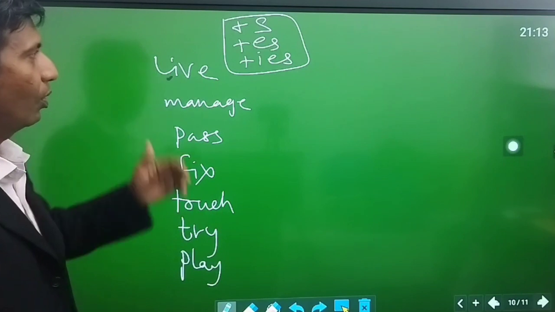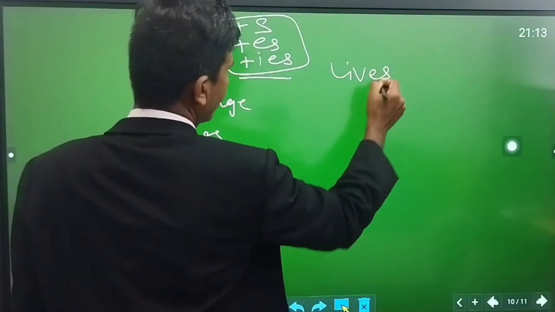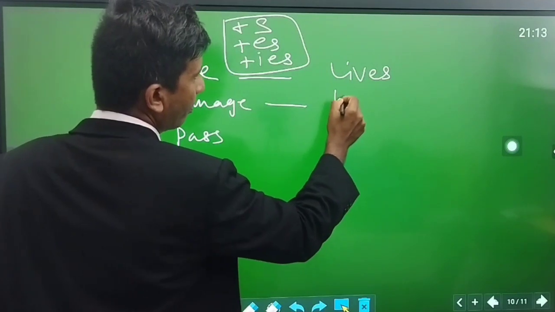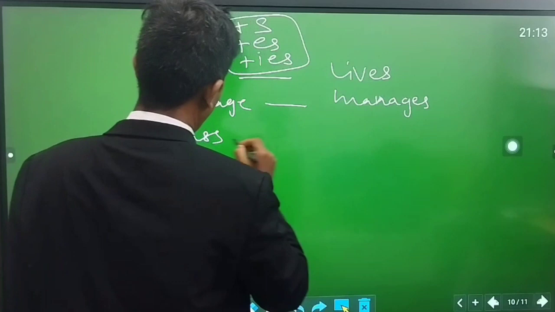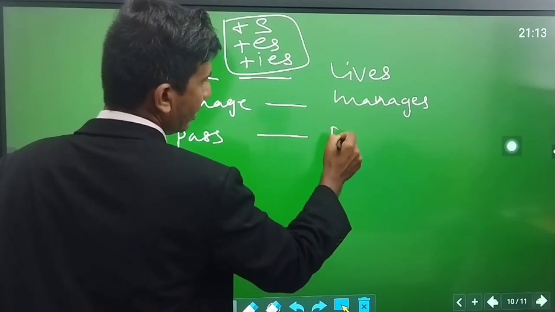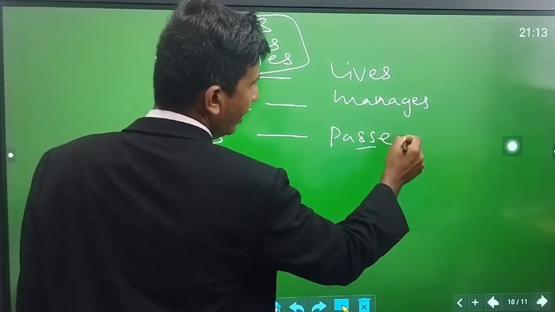Now live, the singular one is lives. Manage, manages. Pass ends in s, so we have to add an es.